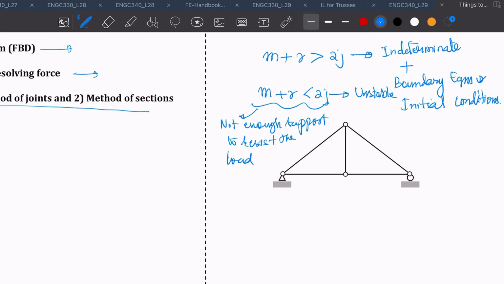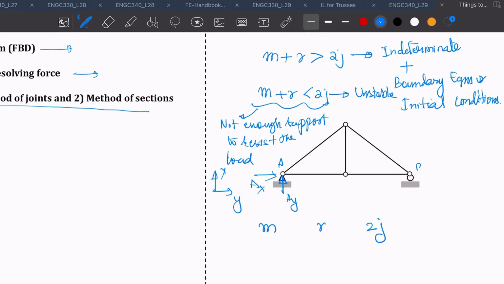So for this one example, we have m, we have r, and we have j, and we have 2j. In this case, if we draw all the directions of the support reactions, we know that if this is A, we call this AY in the Y direction, and this is your global axis, X and Y, and this is your AX.